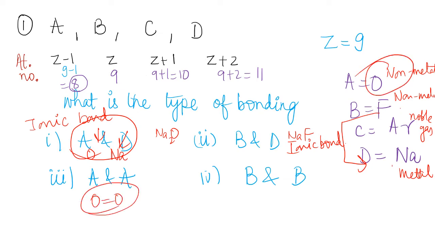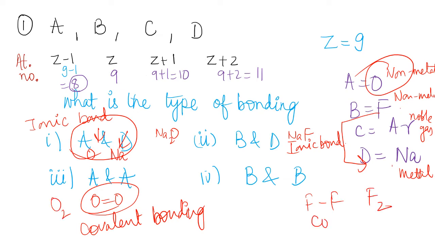What type of bonding is this? Covalent bonding. The bonding happening by the sharing of electrons, usually between non-metals, is called covalent bonding. B and B, fluorine and fluorine, F2 gas, this is O2 gas, again covalent bonding.